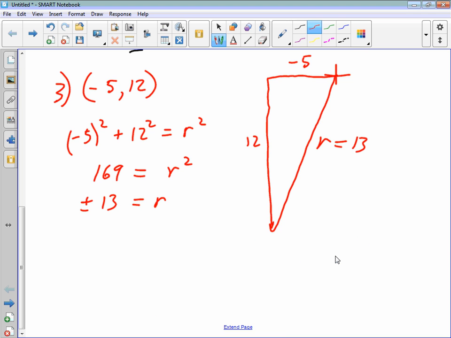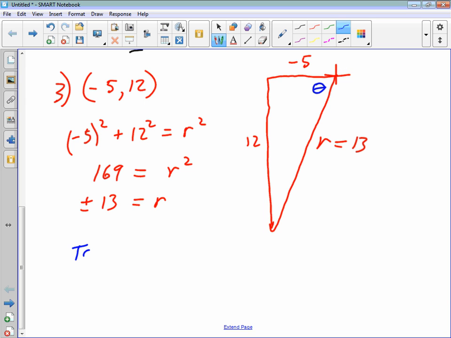And this one maybe I'll actually do it to find the angle because this one's a little bit different. So let's say our theta is right here. So now we are going to have, I would just start with the opposite and adjacent, so tangent.